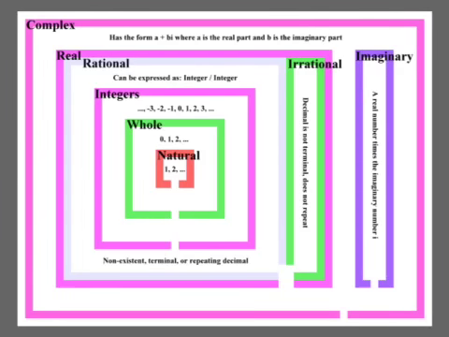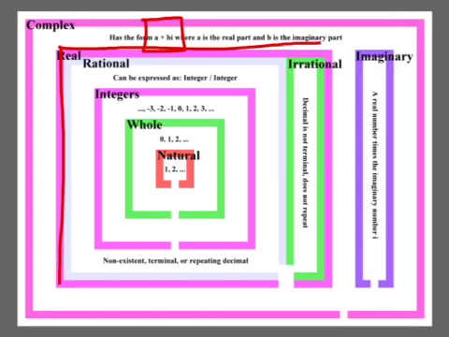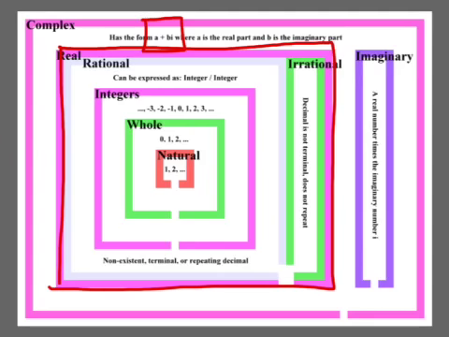The complex number system is made up of real parts and imaginary parts, and will be written in the form a plus bi, as it is right here. Now, a plus bi is made up of a real component a, which is in my real number system, which is the number system that we're used to, and the imaginary component.